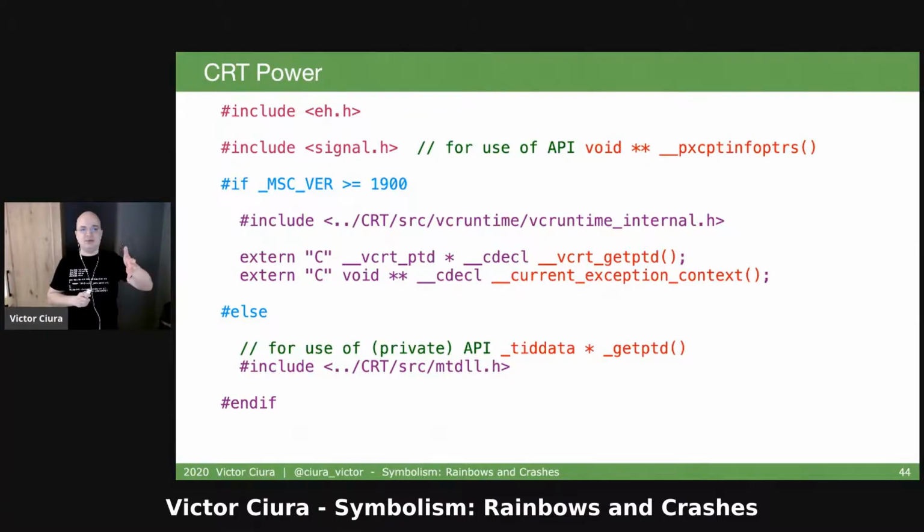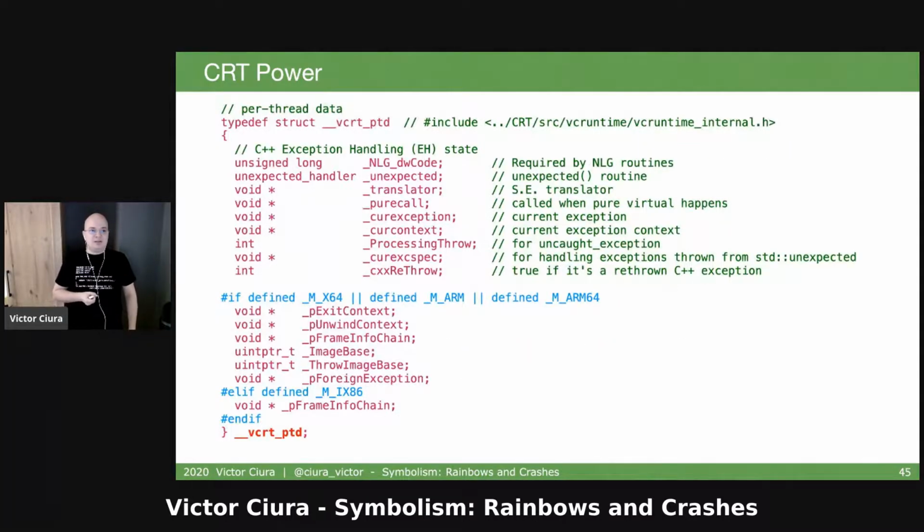Some headers of interest: eh.h for exception handling, signal.h to access these functions, and some function prototypes and private includes that you shouldn't theoretically touch, but those are there. And I think this is the structure that I had to patch when we started building the 64-bit version of our application.